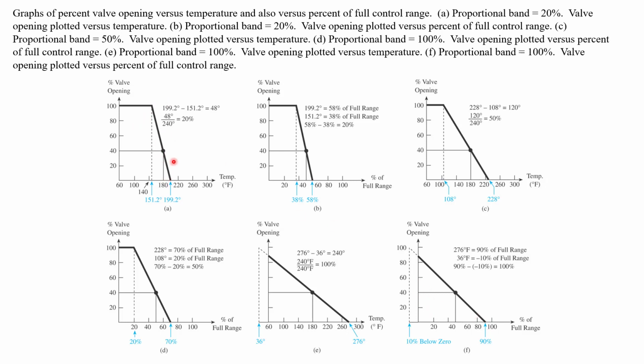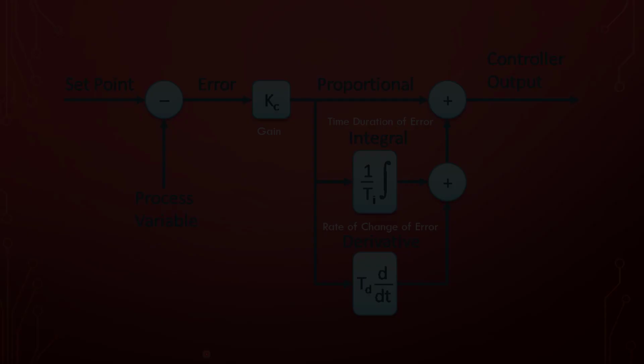But look at this. The smaller this band gets, this is 100 and this is 20, the smaller this gets, the more we approximate an on-off controller. In fact, if this gets to 0, to where the slope is just straight up and down, then we have the same thing as we had in our on-off controller, and we'll get those oscillations. This reduces those oscillations greatly.